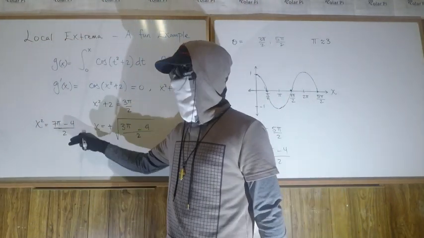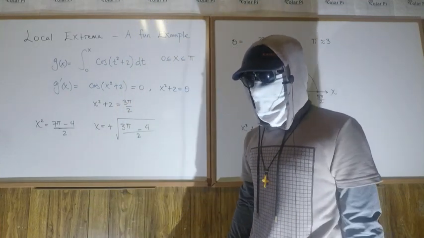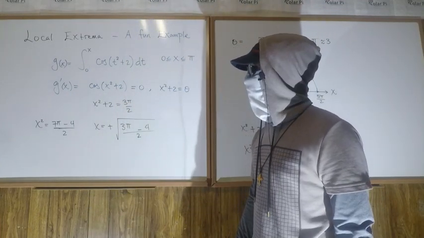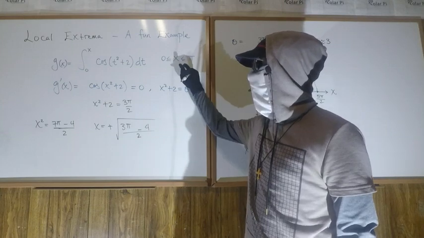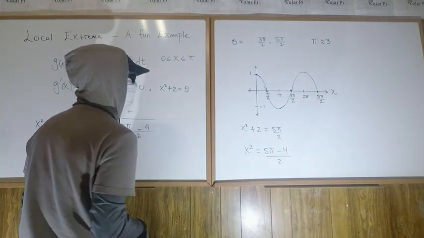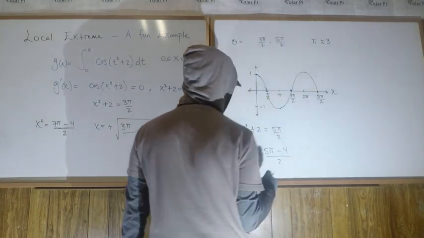Well, we do 17 divided by 2. That's about 8 and change. And the square root of that, is it going to fall in this interval? Yes. So actually we needed the 7 pi over 2, a continuation of this.